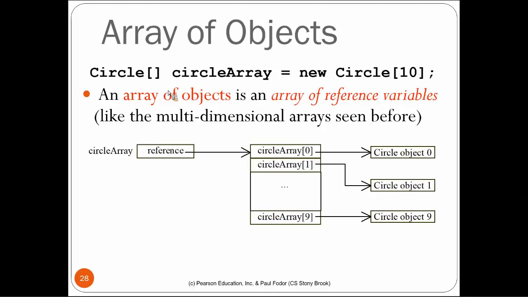We define a new array with the element type Circle, and we can assign it an array of 10 references to circles. Basically, the array of objects is an array of references. Each of the references will be a reference to a different object of the type Circle if we assign that circle to the new element. So it's like double referencing: from the circle array we get to an array of references to circles.